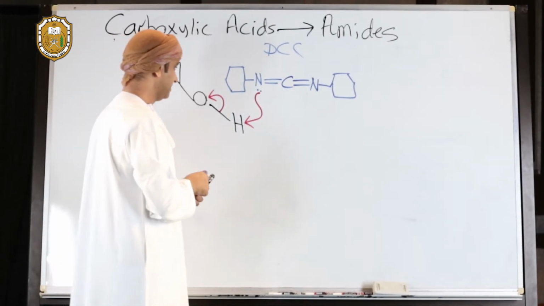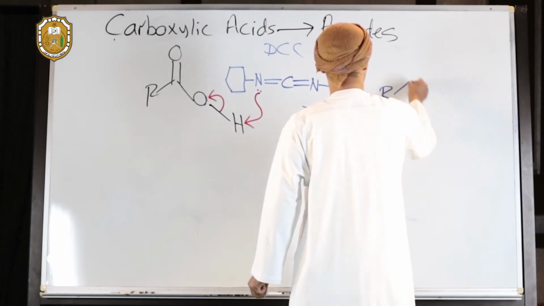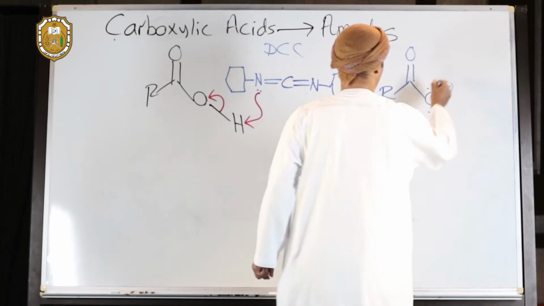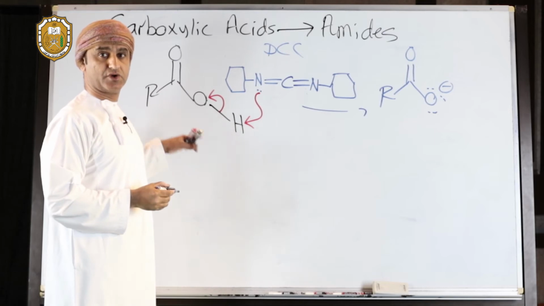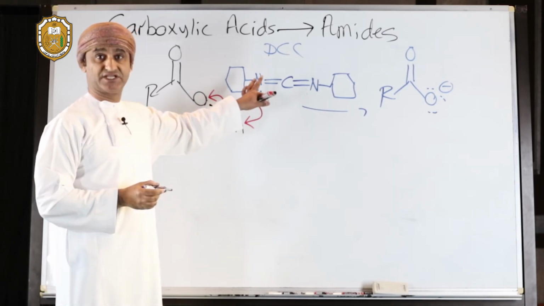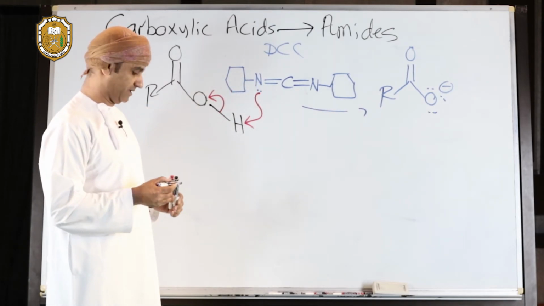So what do we get? Let's write the intermediates that we have obtained so far. We have the carboxylate ion, because the carboxylic acid has undergone deprotonation as a result of the reaction of DCC with them in this acid-base reaction.